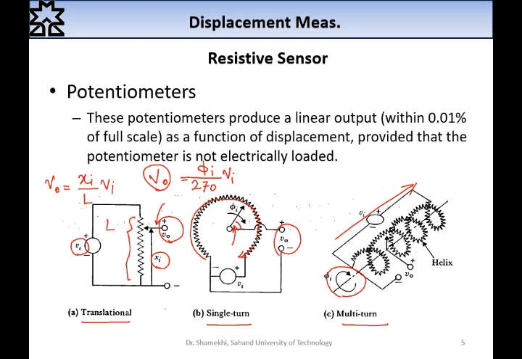You have a helical path here, and multi-turn rotation of the sensor leads to a complete measurement of both the length and the angle.